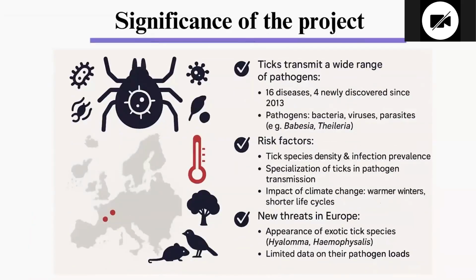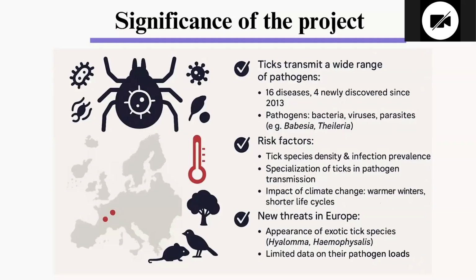So why is our project so important? Firstly, because ticks are the most dangerous vectors of pathogens in the northern hemisphere, transmitting numerous bacteria, viruses, and parasites such as Babesia and Theileria. And 16 tick-borne diseases have already been described in humans, 4 of which were only detected after 2013.